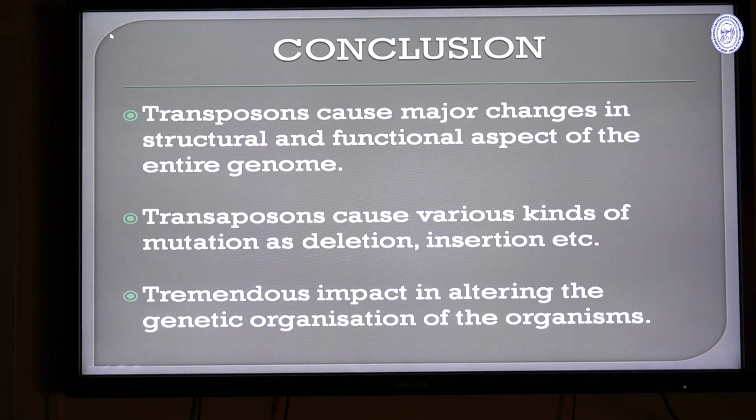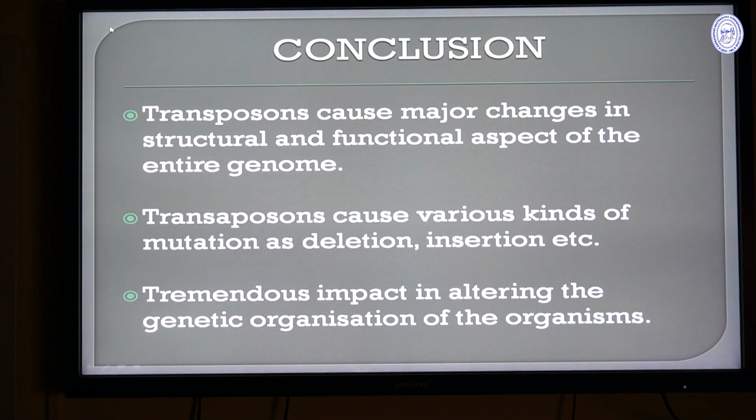So if we conclude the complete part that I have discussed today: transposons cause major changes in the structural and functional aspects of the entire genome. Transposons cause various kinds of mutation such as deletion, insertion, etc. They have a tremendous impact in altering the genetic organization of the organism.